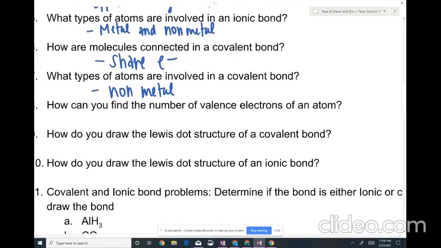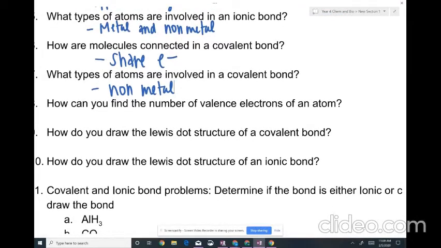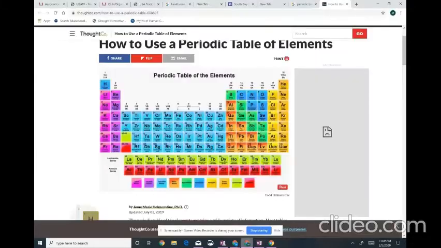So how do you find the number of valence electrons of an atom? Again, you are looking at your periodic table, and you see a 1A, 2A, 3A, 4A, 5A, 6A, 7A, 8A. Those are hints on how many valence electrons there are, or how many electrons are on the outside.